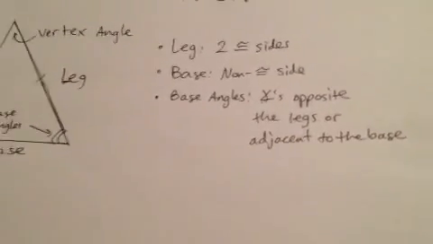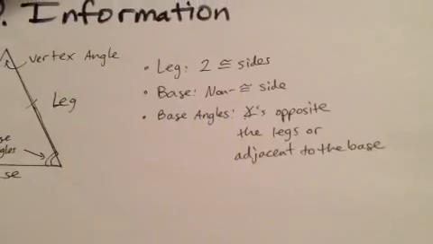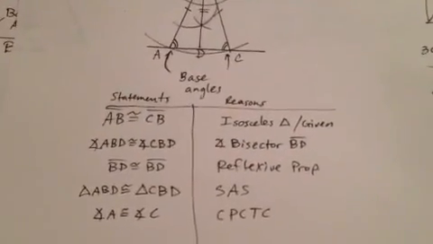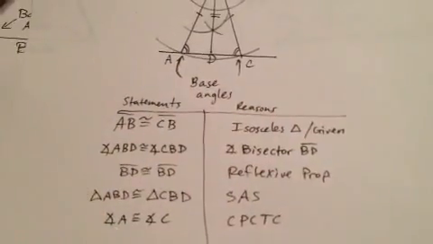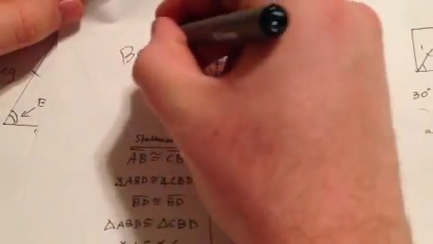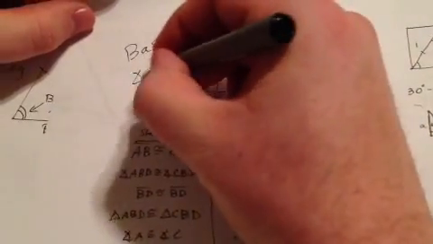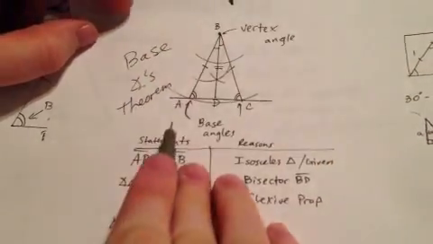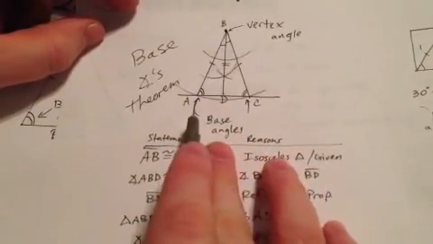And so from that, we get our theorem that we used in the exploration, which is the base angles theorem. The theorem that we proved here is called the base angles theorem, because we proved that the base angles are going to be congruent.